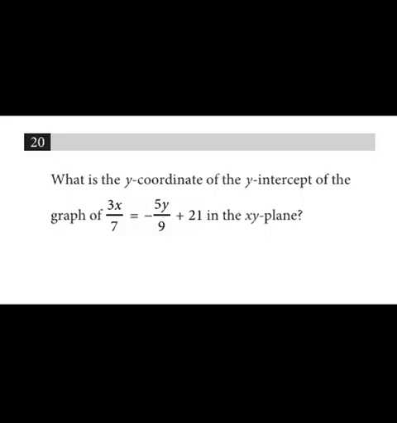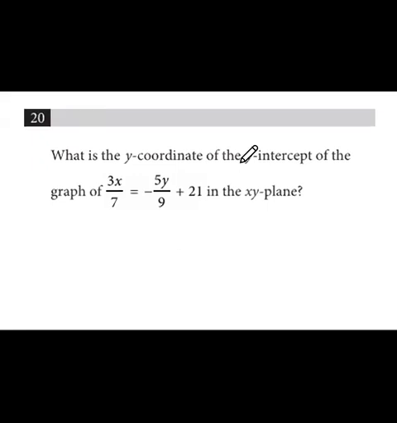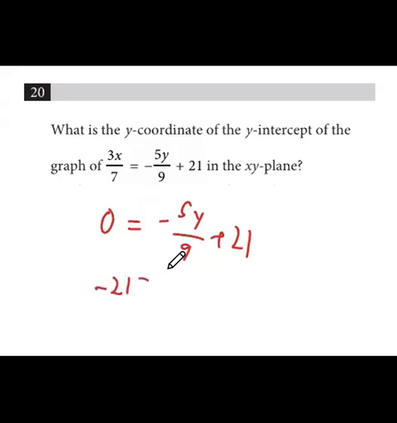Okay, so for this question, what is the y-coordinate of the y-intercept of the graph? So in this case, the intercept is when x is equal to 0. So this would just be 0 equals negative 5y over 9 plus 21. Subtract 21 from both sides. We get negative 21 equals negative 5y over 9.